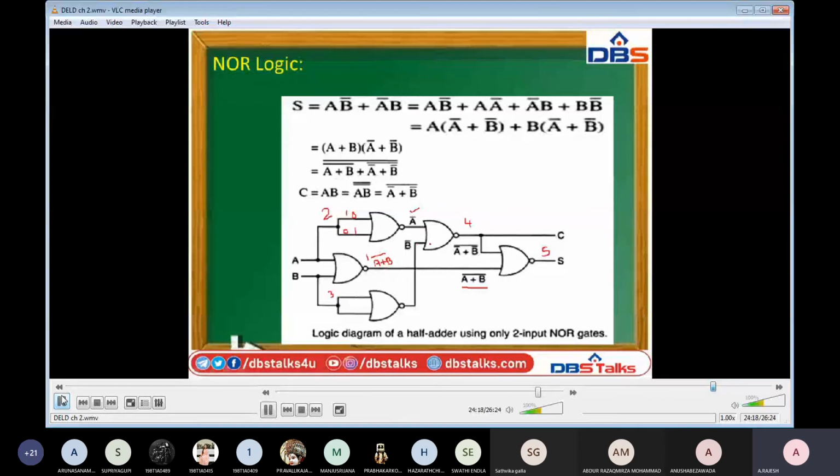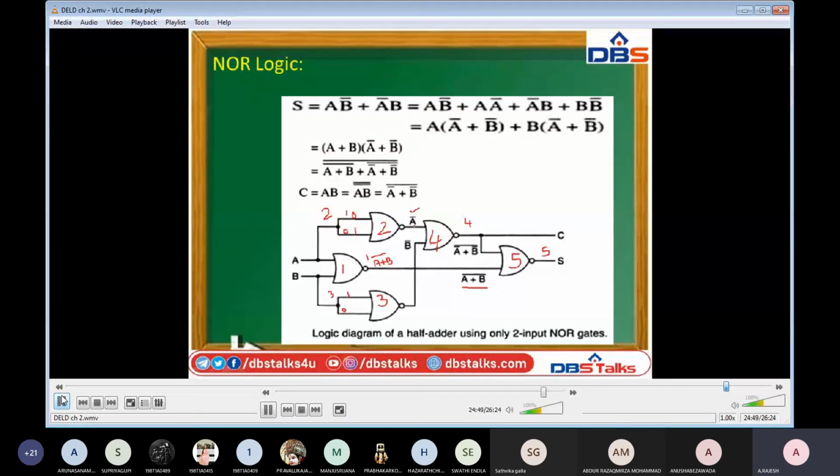See this one. Here also the input is either 1 or 0. The complemented form will appear here. This A complement and this B complement are given as input to this NOR gate. That means this is 1, this is 2, this is 3, this is 4, and this is the final NOR gate.